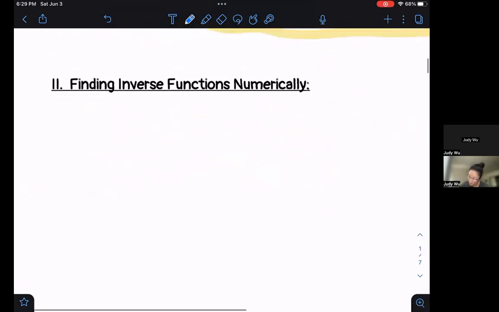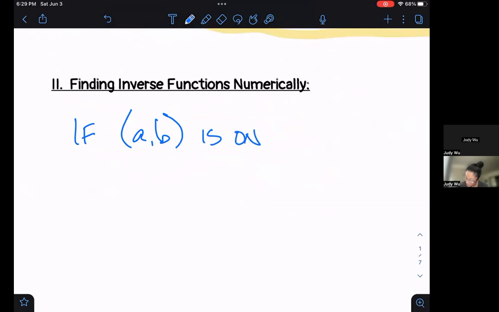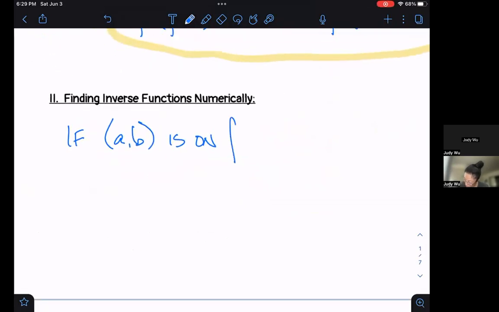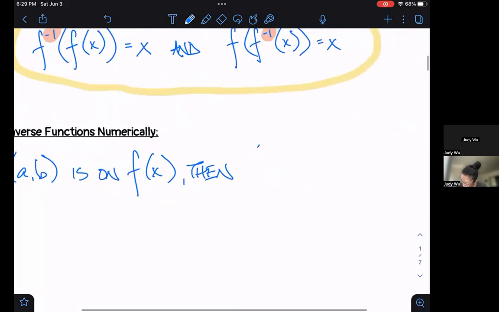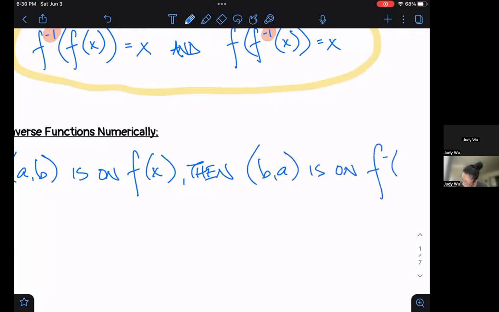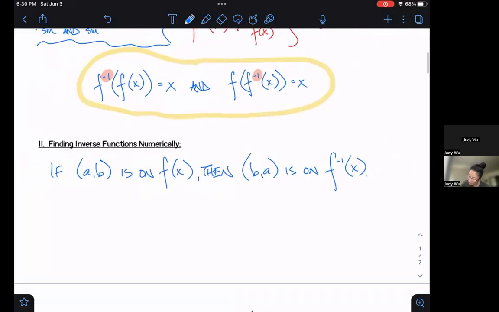Well, it turns out that if the point, let's say A comma B, is on f of x, then it turns out that B comma A is on the inverse function, okay?